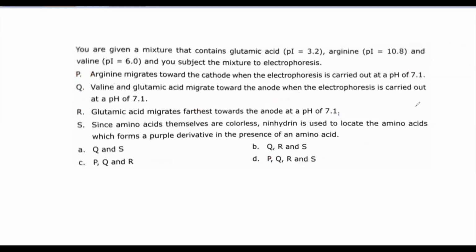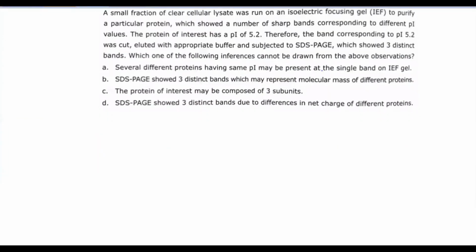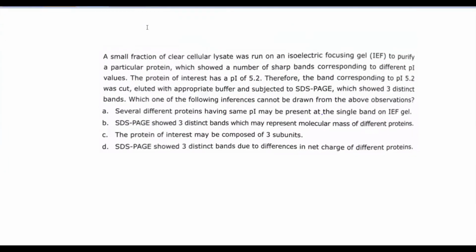Okay. Now let us move on to the next question, which is our last question. So what does the question say? A small fraction of clear cellular lysate was run on an isoelectric focusing gel to purify a protein. So it was run on an isoelectric focusing gel, meaning this is based on the pI.